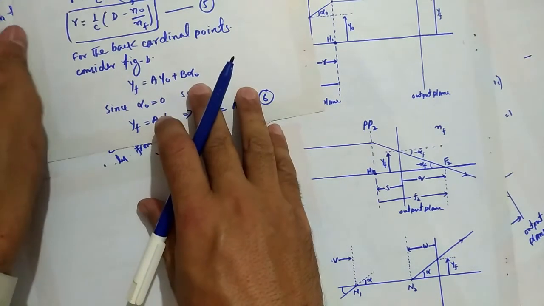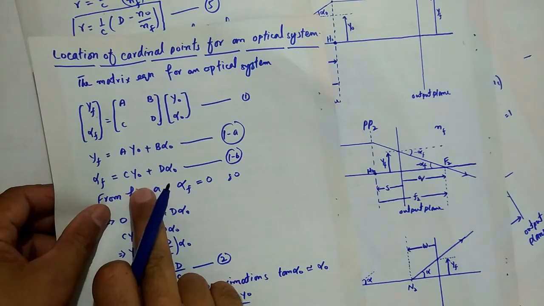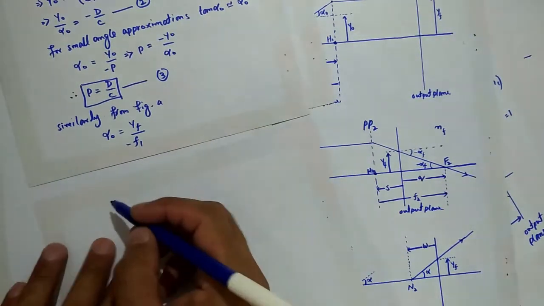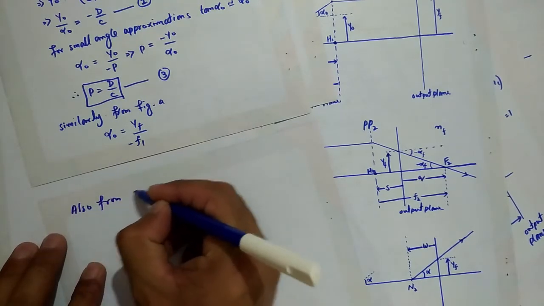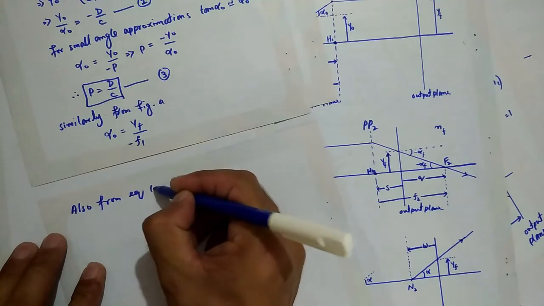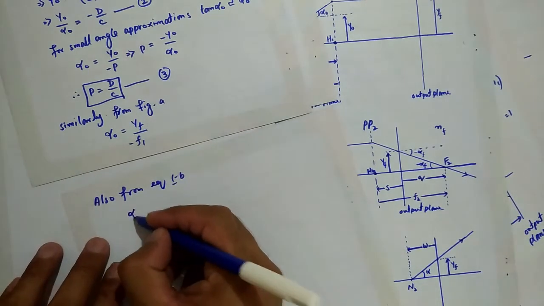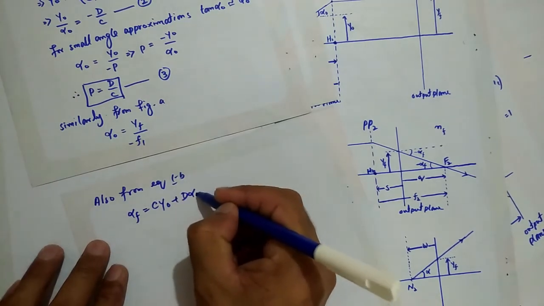And from the second equation, which is this one, 1b, alpha f equals to C y naught plus D alpha naught. Also from equation 1b, which is alpha f equals to C y naught plus D alpha naught.